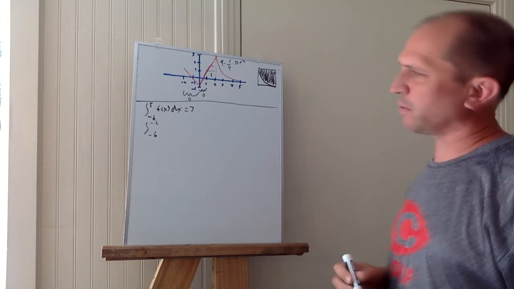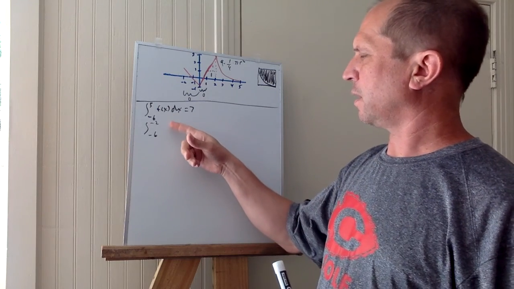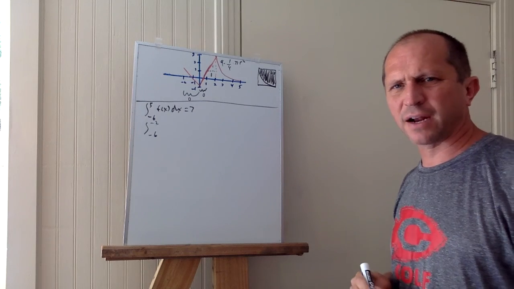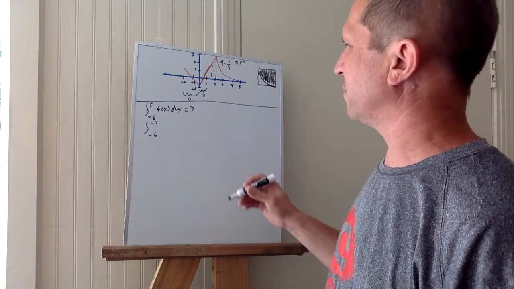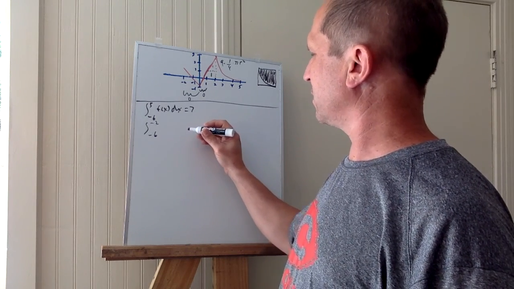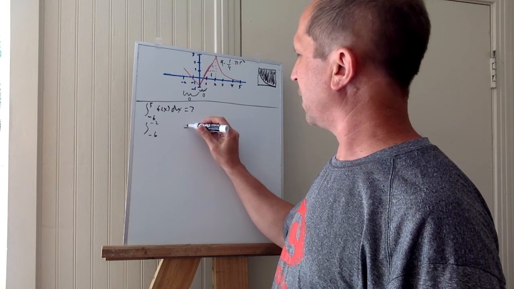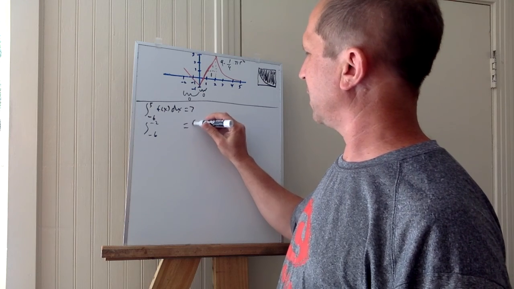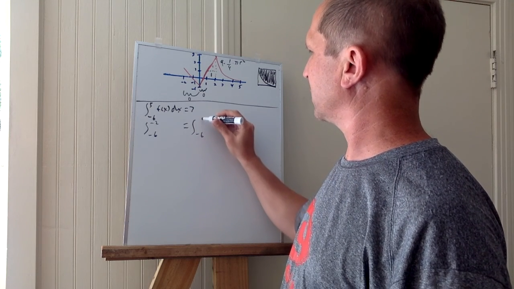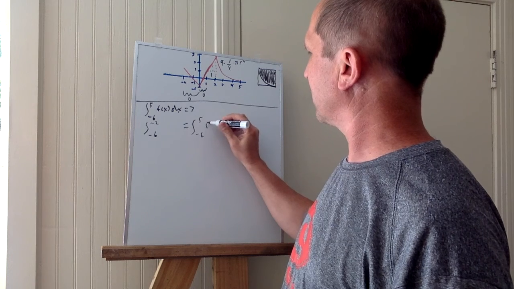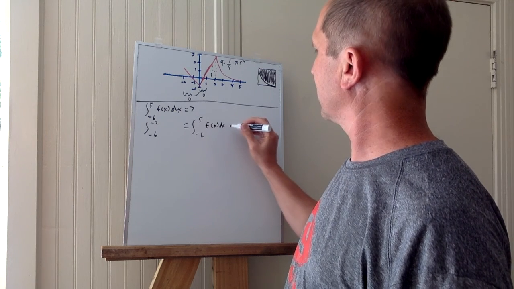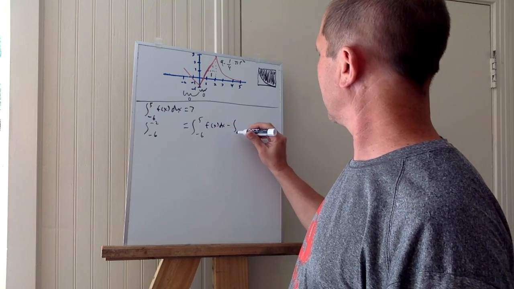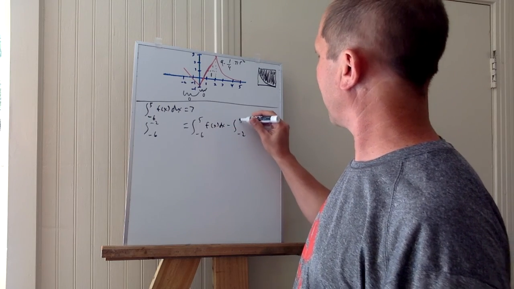Well, we can account for -2 to 5, and we can get that area. So -6 to -2 equals -6 to 5 minus -2 to 5.